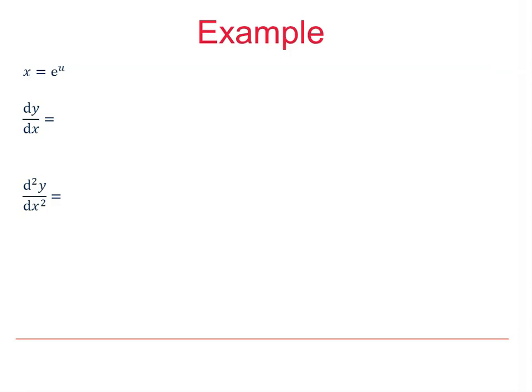If x is equal to e to the u, then we can say that u is equal to natural log x, and therefore du by dx is equal to 1 over x.